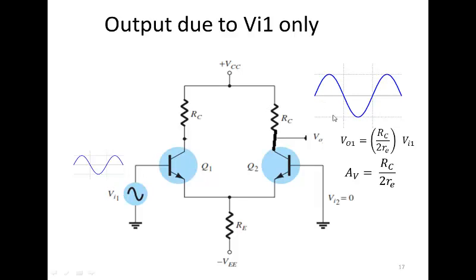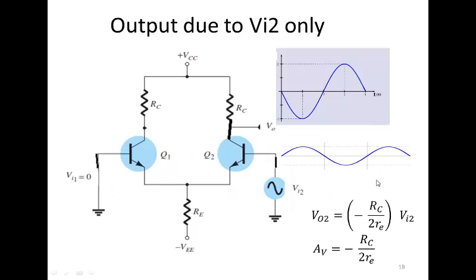So output would be equal to gain into input V1, gain into V1, and gain is some positive value. Similarly for this second input, if I apply the same input signal, I will get an inverted output. This inverted output shows that the gain is negative. So the same signal would be amplified with the same value, but now the gain would be negative.